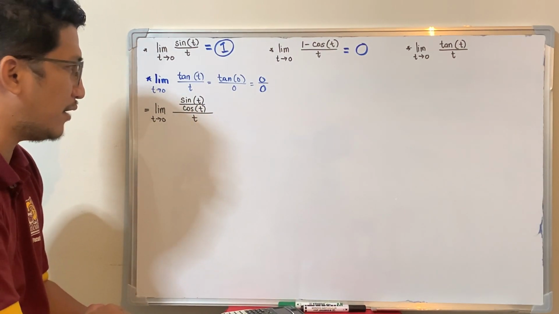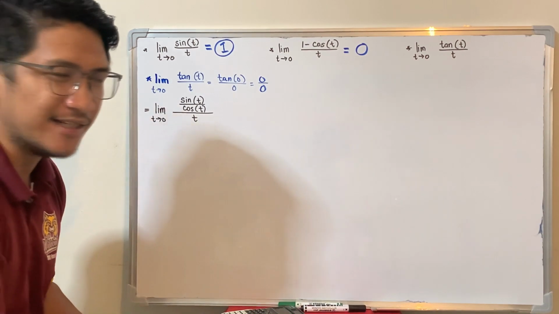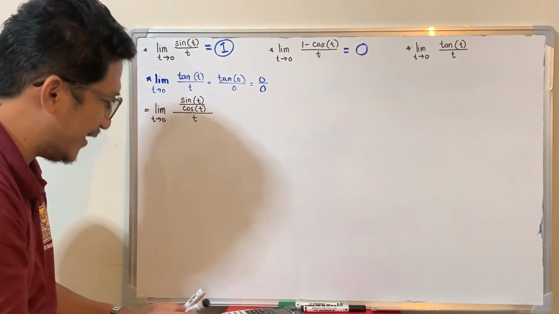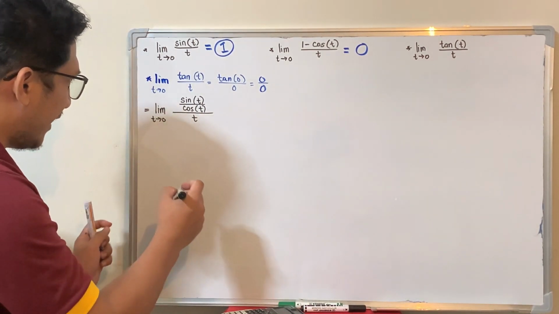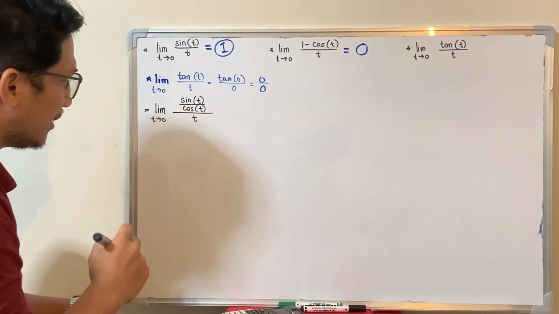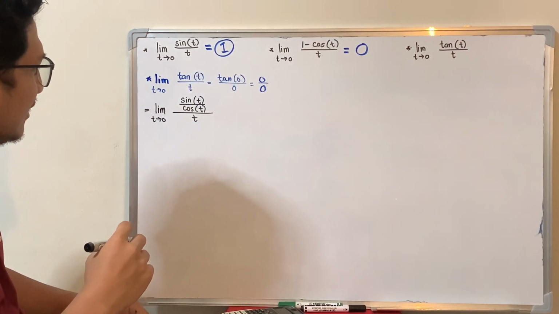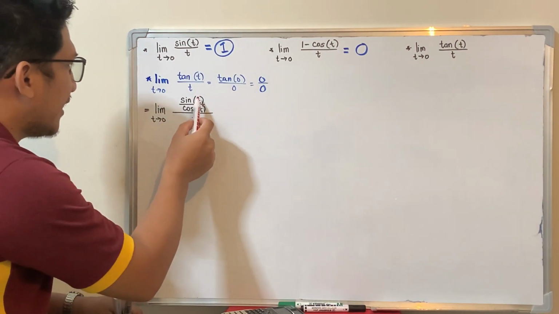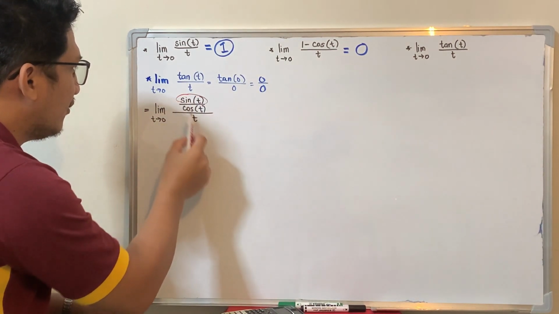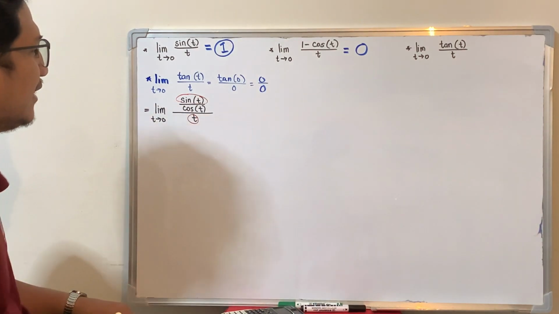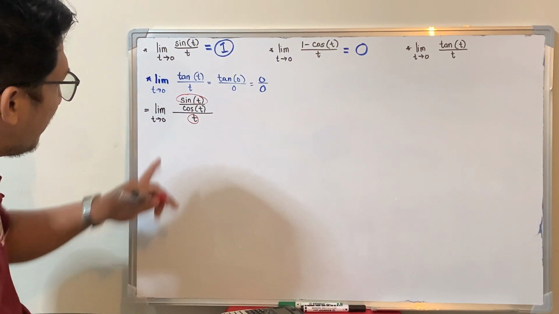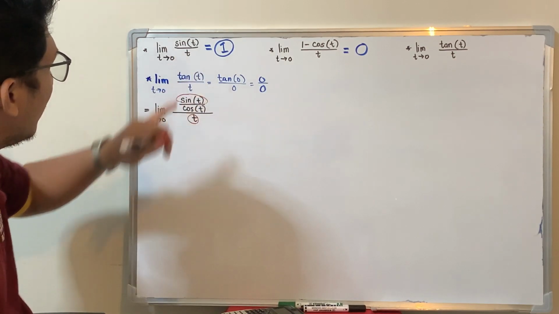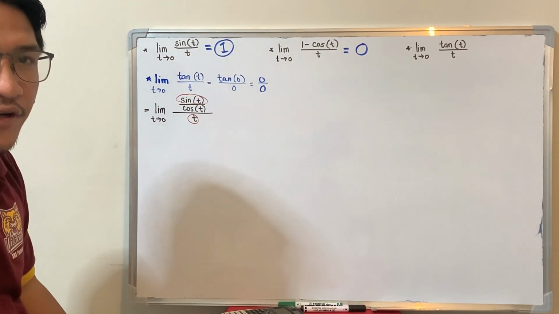So you have to remember it. If you forgot, go back to your classes in trigonometry. From here, I want to have the same form as shown earlier, sine t over t, which is just equivalent to 1.